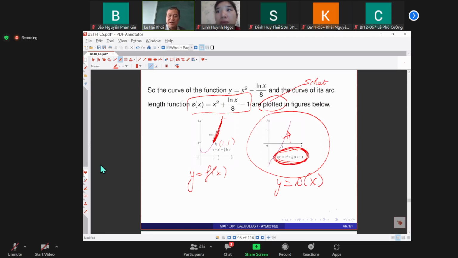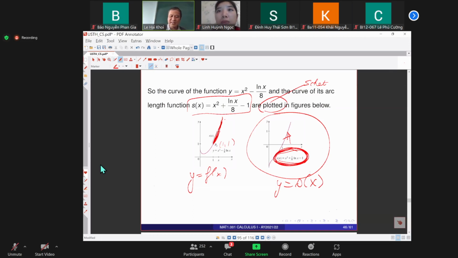You first have to compute what the arc length is. You compute this answer first, and then you sketch that one. See, you have this graph for S(x). Sometimes you are asked to do so. So pay attention. Okay.